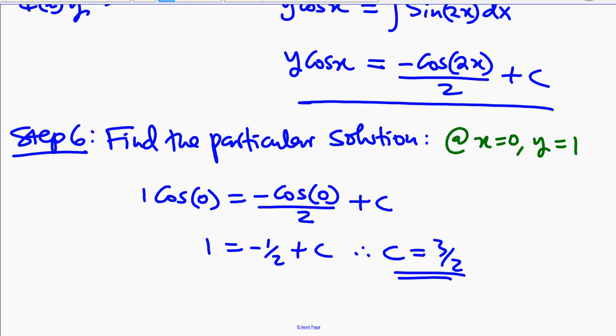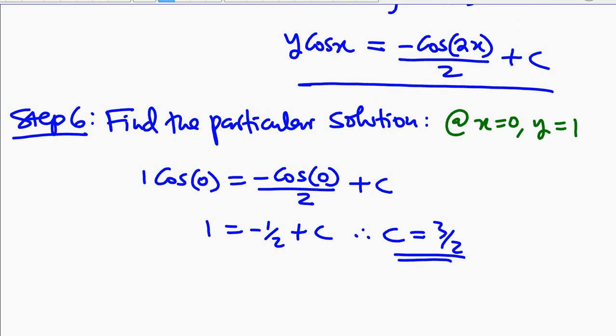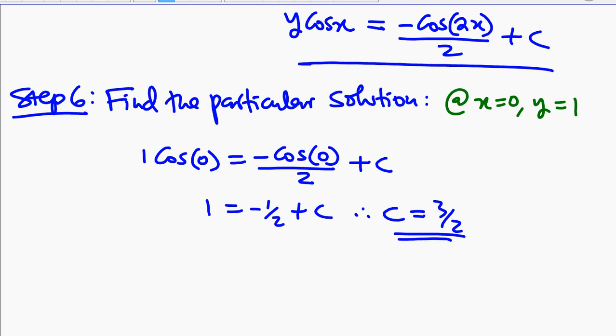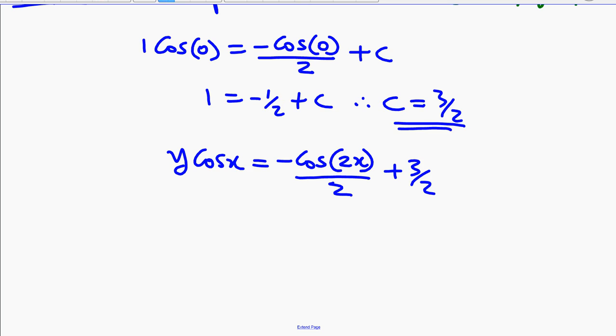Okay. I need to see this general solution up here. So going back, our particular solution will look something like this. y cos x will be equal to negative cos 2x over 2 plus 3 over 2. So this is an implicit solution.